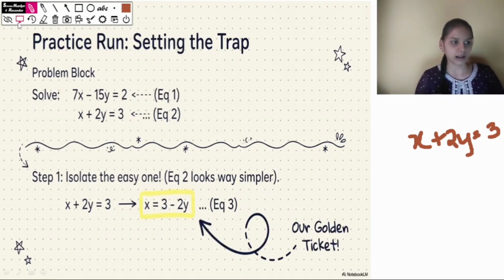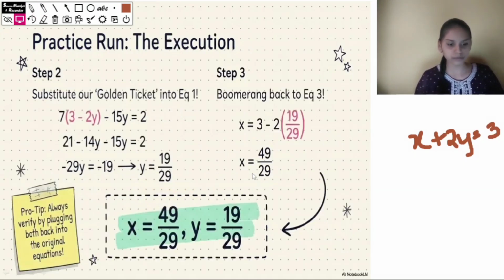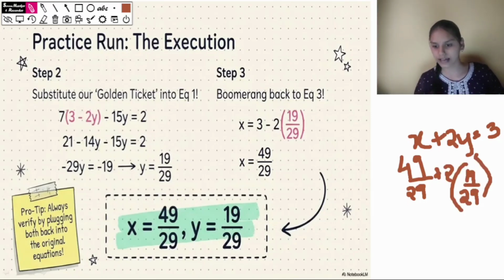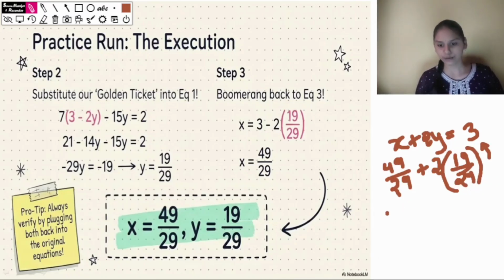Yes. Now, in place of x, I'll substitute 49 by 29, plus 2 into, in place of y, 19 by 29. If I solve this, I should get 3. Let's check it. 49 by 29 plus 2 into 19, which is 38 by 29.